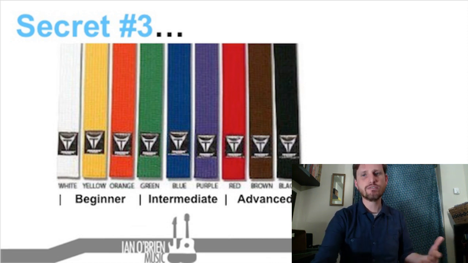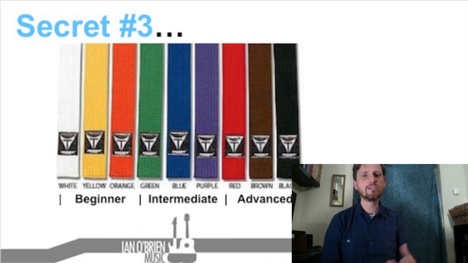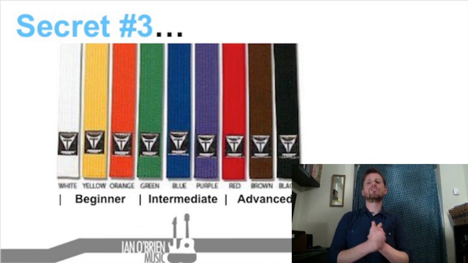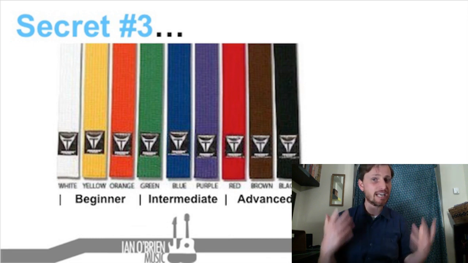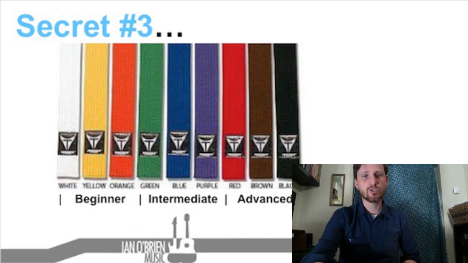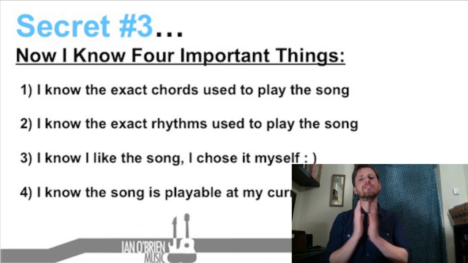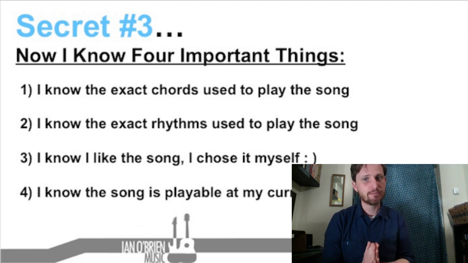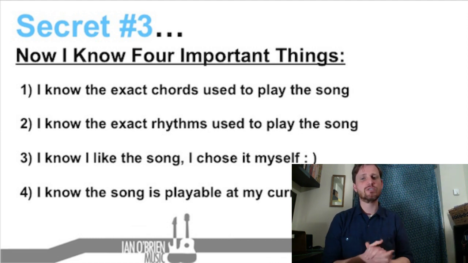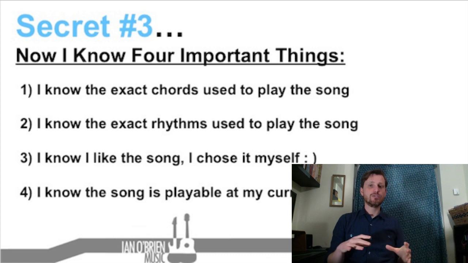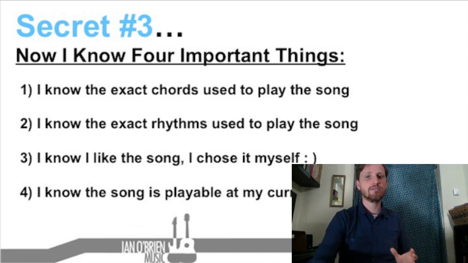Now, I don't have to get frustrated and overwhelmed learning all the skills at once. I can learn the building blocks of the song separately, then put them together as a whole. So now I know 4 important things. I know the exact chords that are used to play this song, and I know that I can play them. I know the exact rhythms used in the song, and I know that I can play those too. So that's the building blocks covered first.